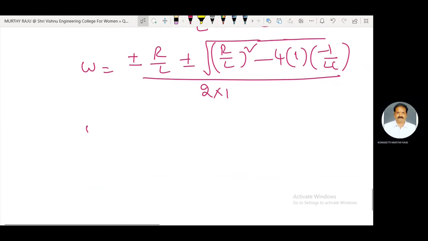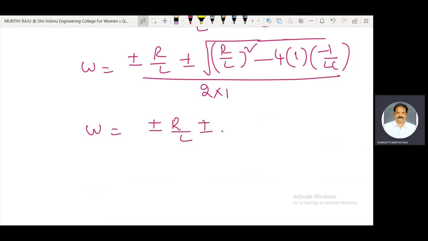Therefore, omega is equal to plus or minus R by L plus or minus square root of R by L whole square plus 4 by LC.